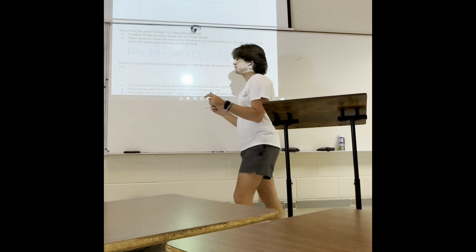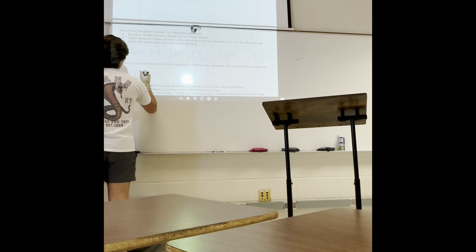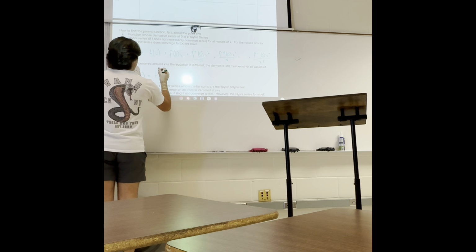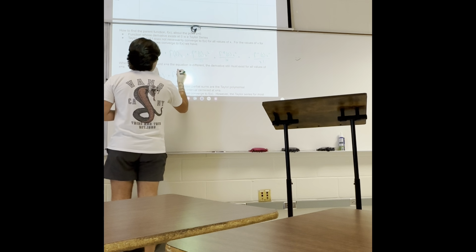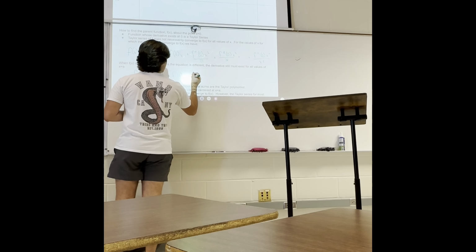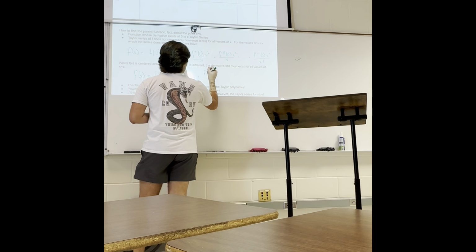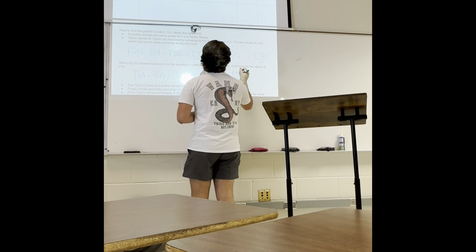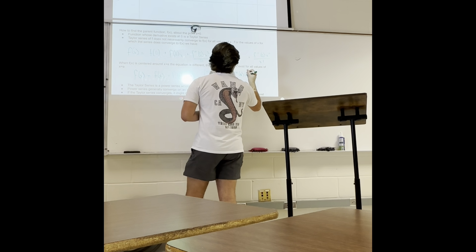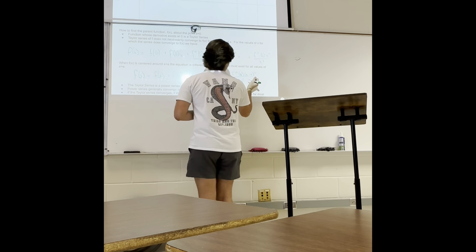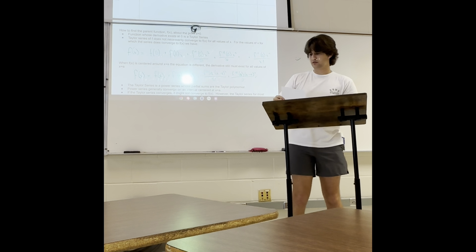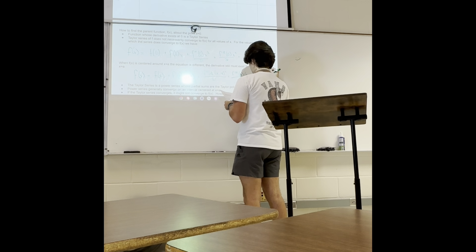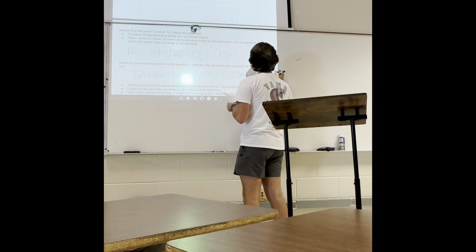If it is centered around another point a, we would then say f of x equals f of a plus f prime of a times x minus a plus f double prime of a times x minus a squared over 2 factorial plus f triple prime of a times x minus a to the third over 3 factorial plus, and your general term is about the same: f to the n of a times x minus a to the n over n factorial.